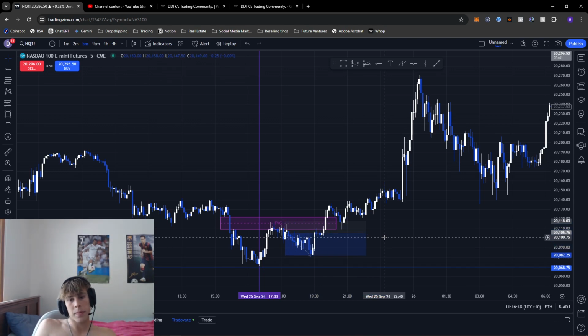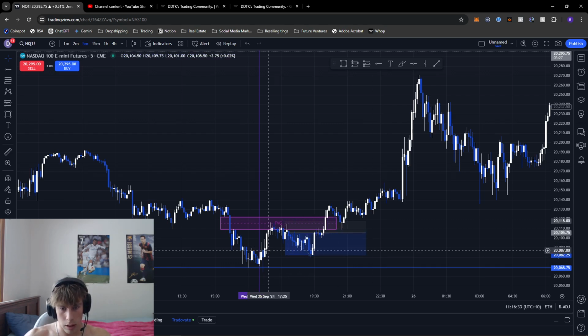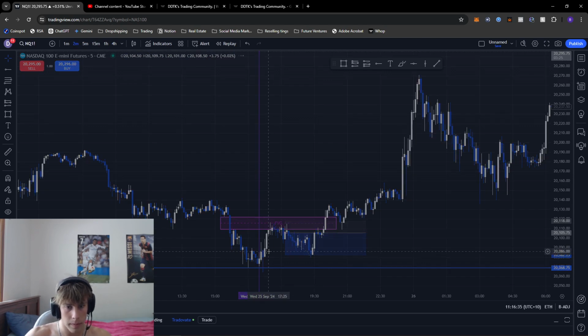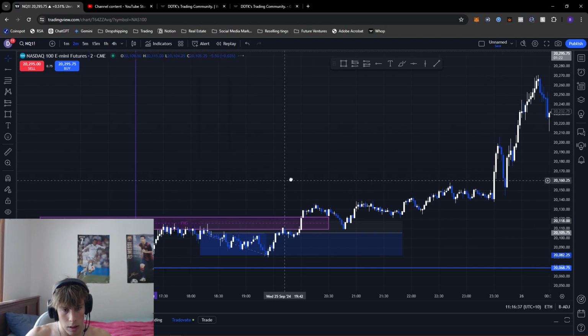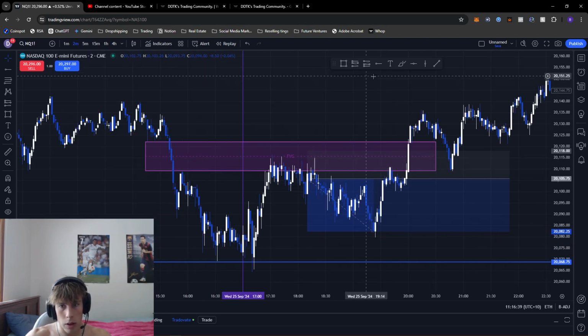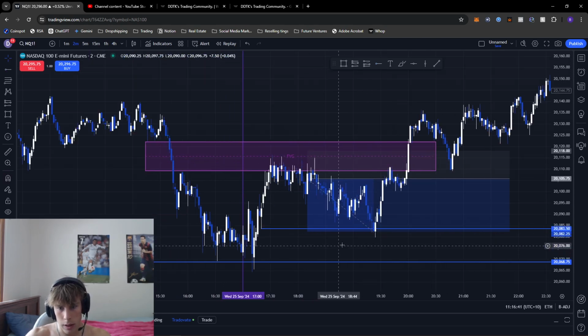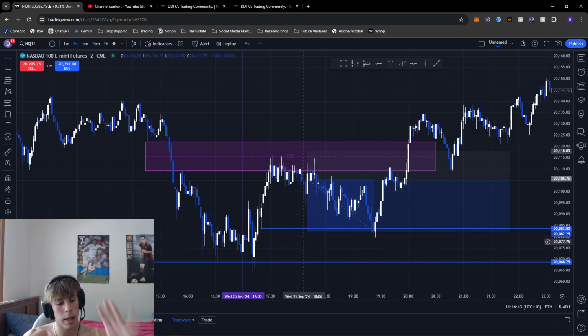That's the crazy thing about trading off of liquidity and imbalances. I traded against the trend and it still worked because I knew where to target these lows. Look, this low here, I knew where to target, and it perfectly taps that.